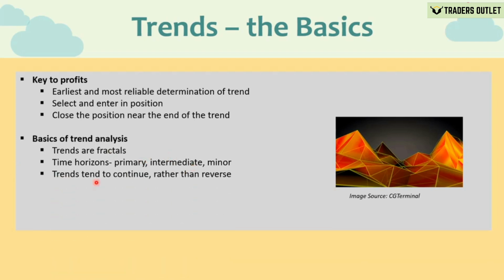Another aspect which rather goes against the classical efficient market hypothesis is that trends tend to continue rather than reverse. This depends more on the psychology of the investor, the behavioral aspect of investing. When people recognize the prices are increasing, they want to be part of that trend. They want to be on the confirming side. Very few individuals, very few institutions would be willing to take a stand opposite to the existing trend.